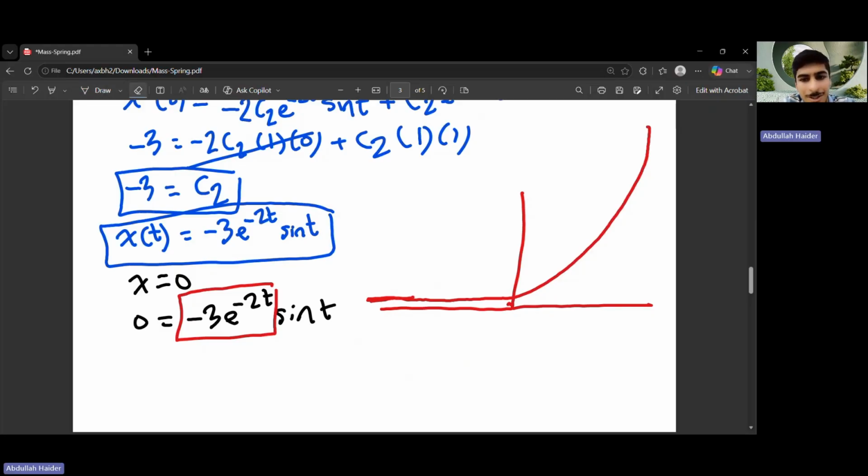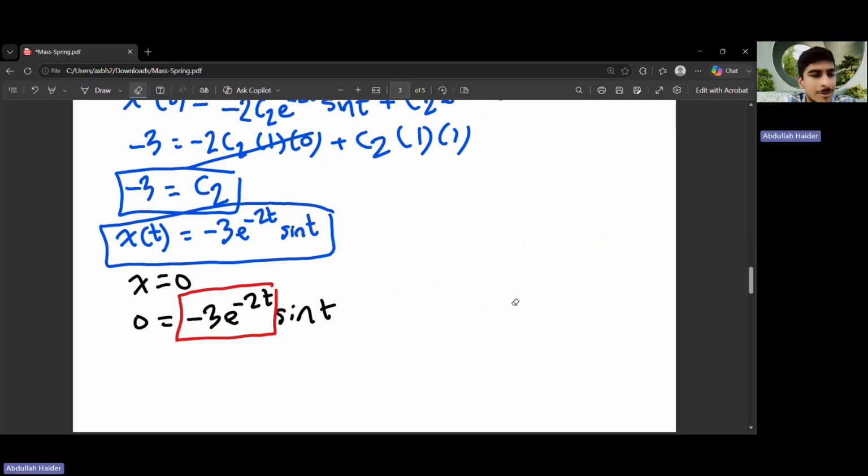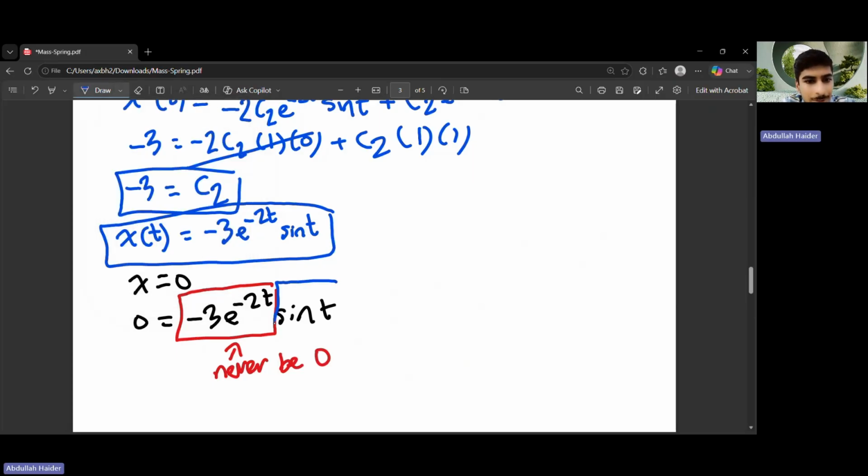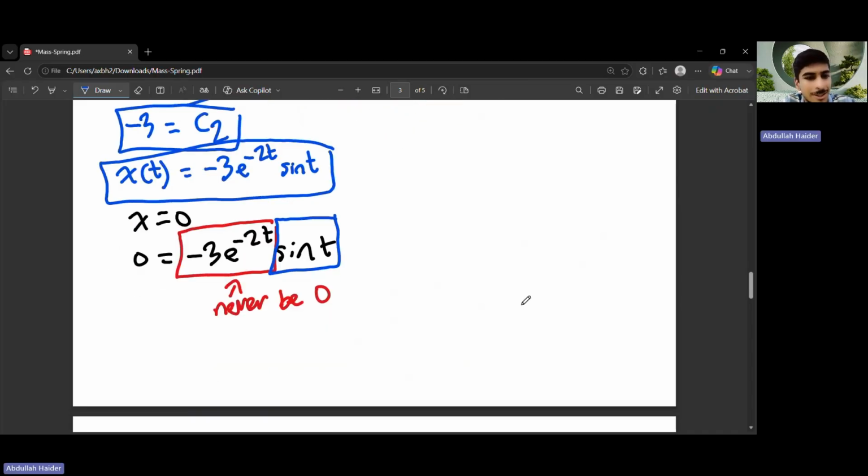So you cannot use the exponential to solve this equation, because this can never be 0. But you do know that the sine can be 0. So hence we'll make our sine t equal to 0 now.